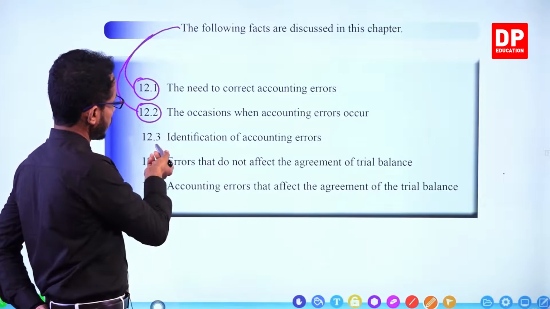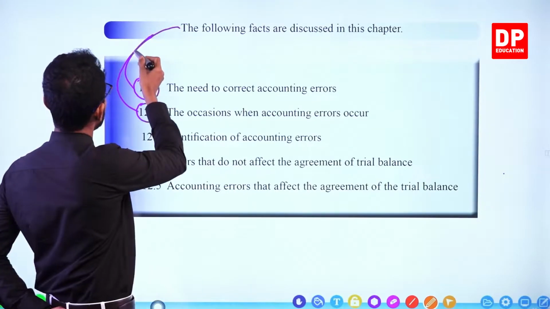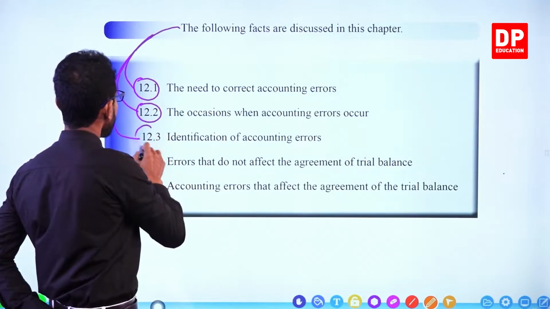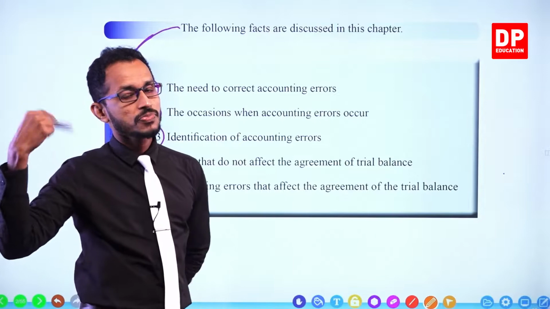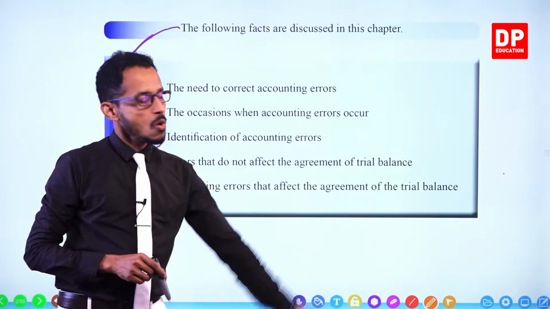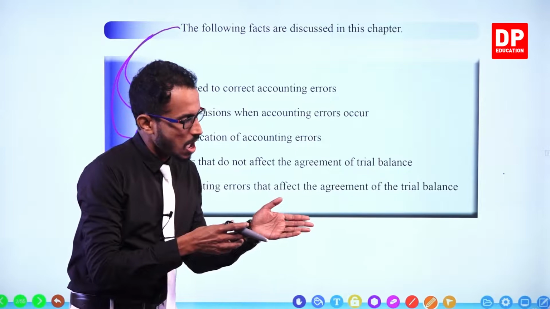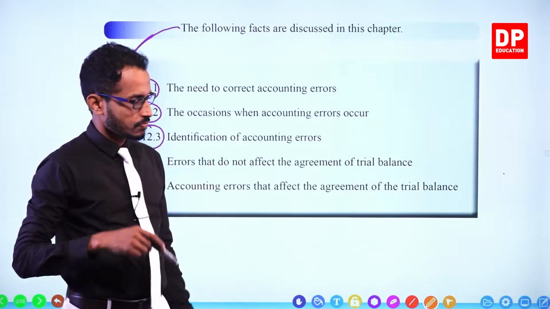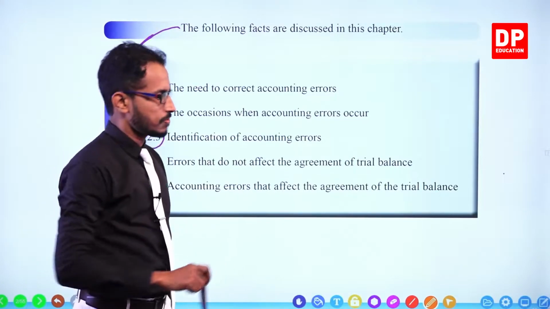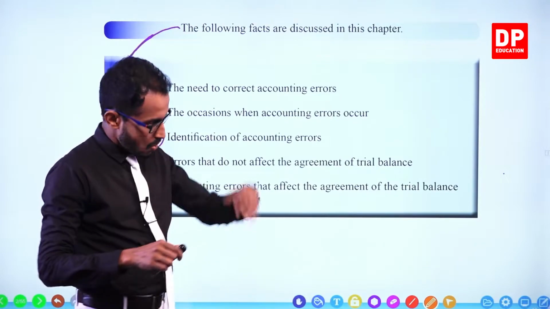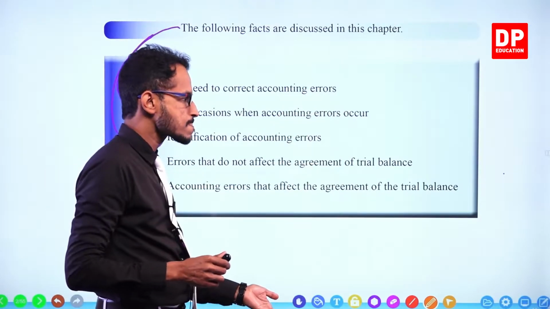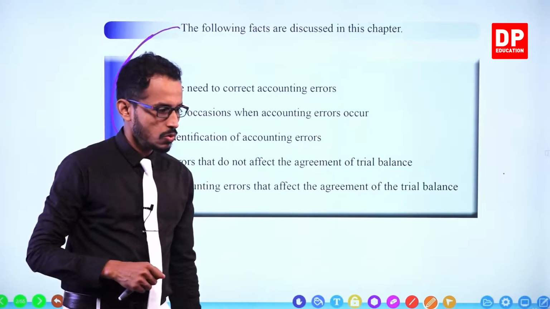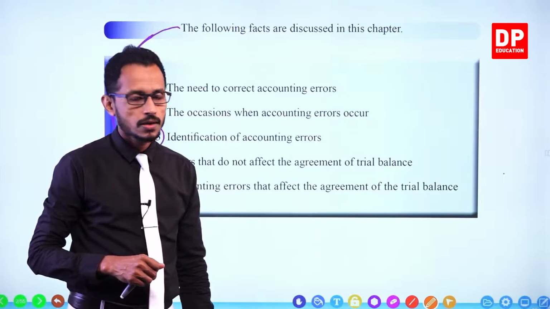Next, the third one, we have identification of accounting errors. Identify these errors: where, in what, how this error has occurred, how the error has happened.